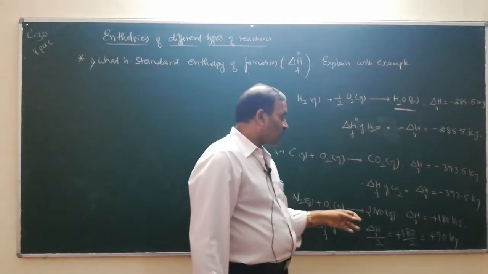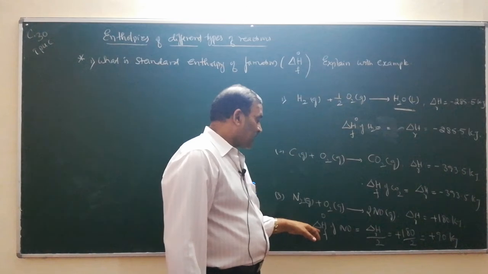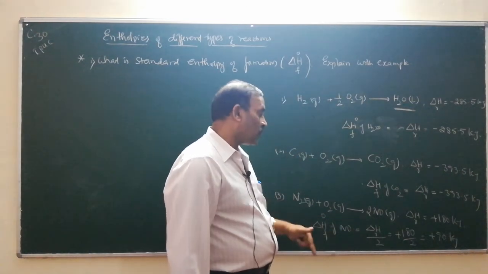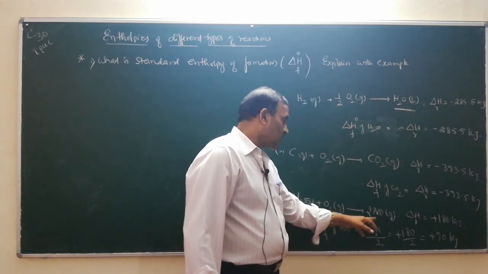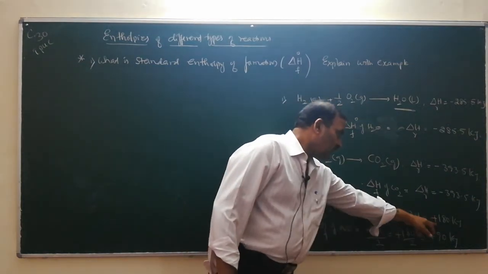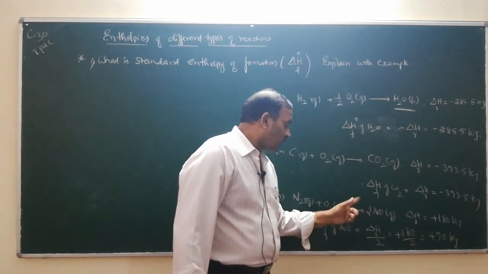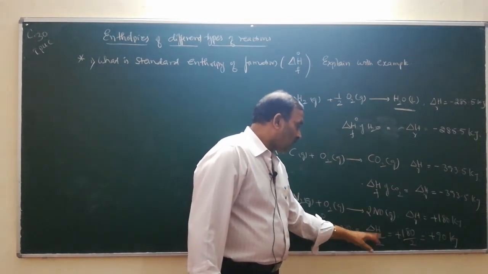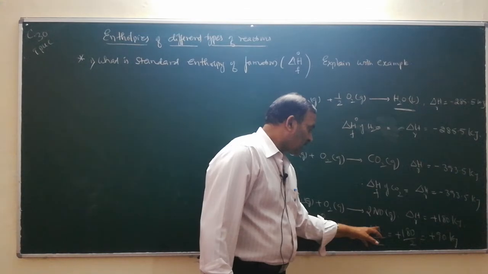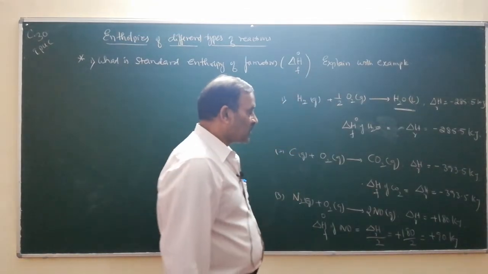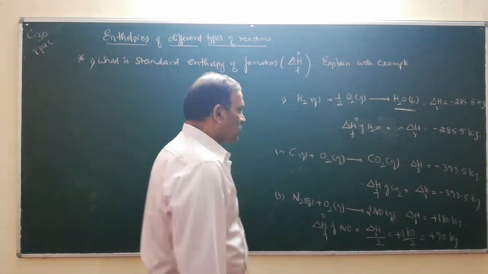What is the definition of enthalpy of formation? It is the enthalpy change of the reaction when 1 mole of compound is formed from its elements. So when 2 moles are formed, this much heat is absorbed. Therefore, when 1 mole of nitric oxide is formed, the heat absorbed is delta H divided by 2, that is 180 divided by 2, equal to 90 kilojoules.